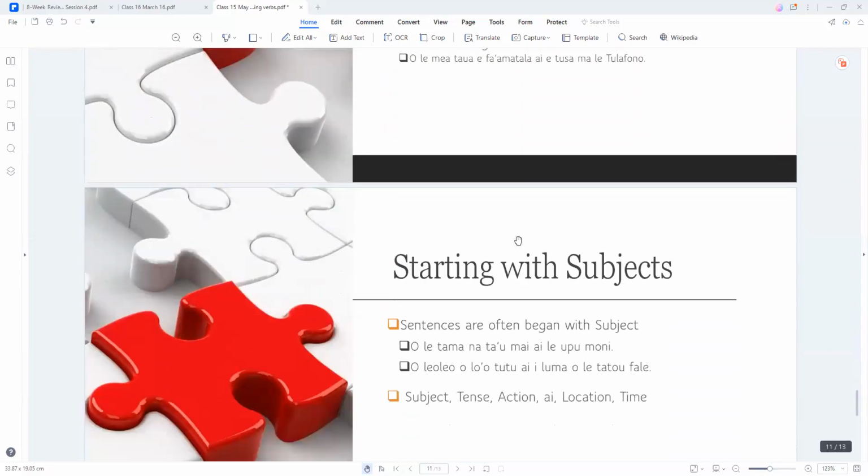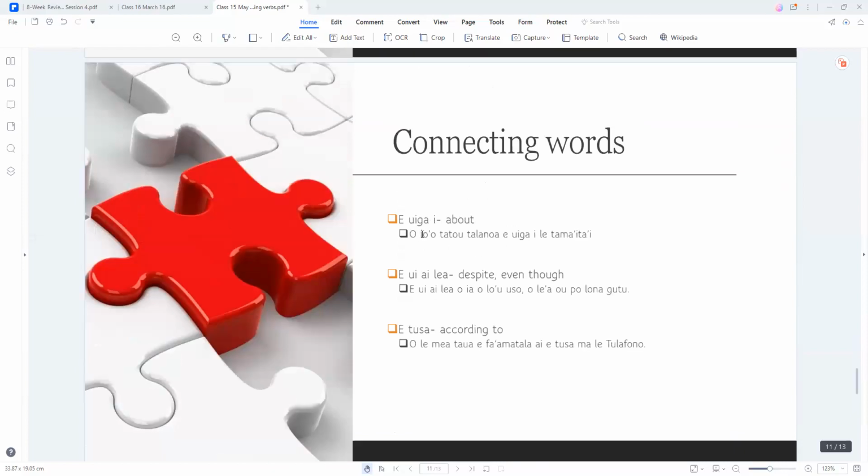More connecting words. E uiga i means about. So o lo'o tatou talanoa. We are talking about, and talanoa is speaking or having a conversation, and o lo'o means it's happening right now.